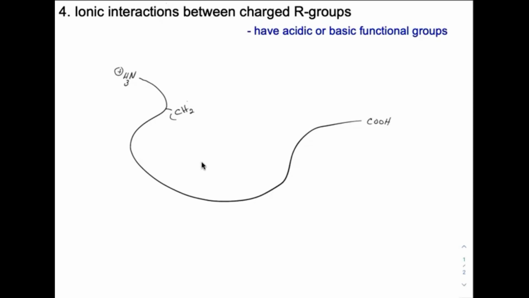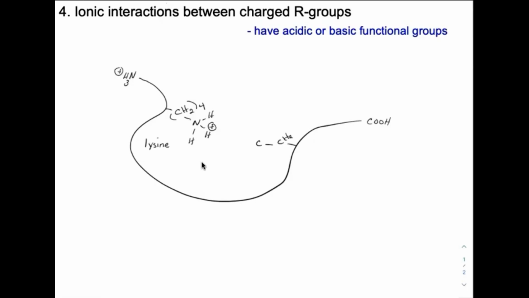So an example of one of the R groups that can be charged would be the amino acid lysine, which has an amino group that usually at pH 7, but certainly at acidic pH, would carry a positive charge, right? It can be protonated. Another one that's basic, like lysine, is asparagine.